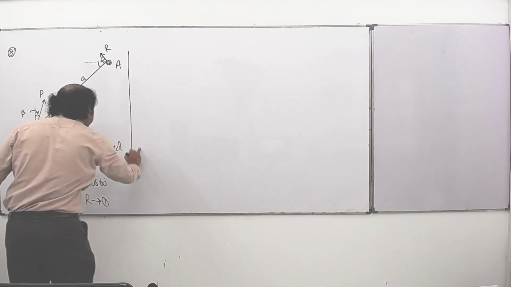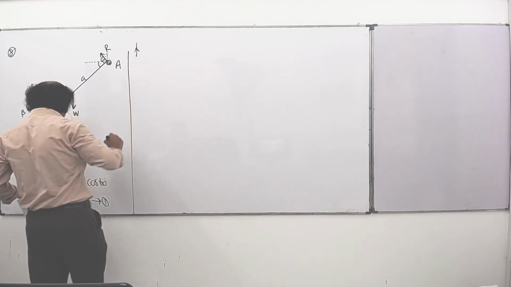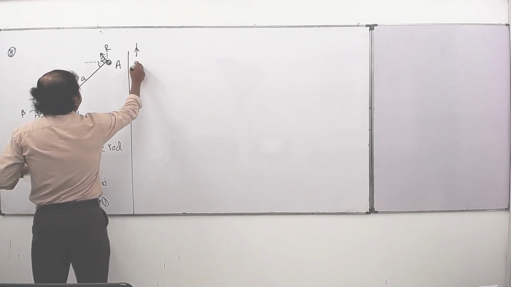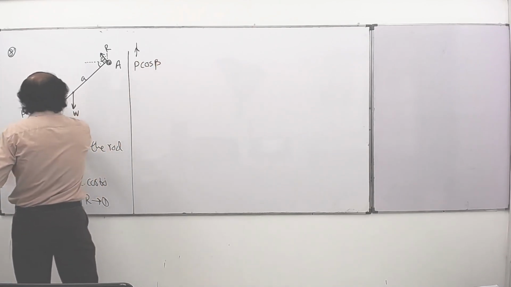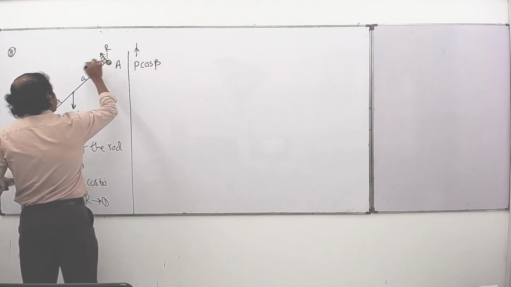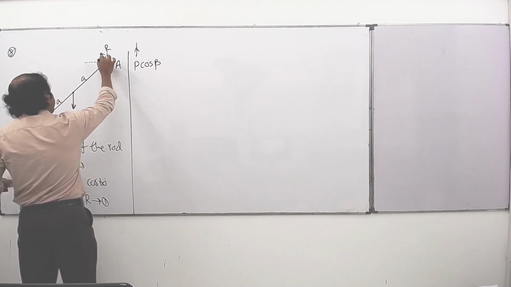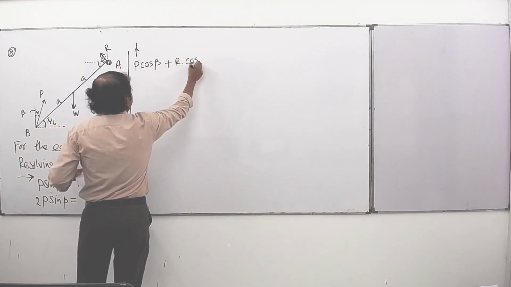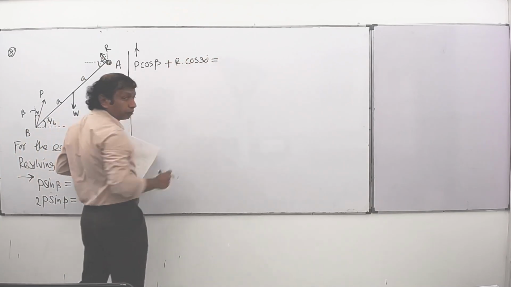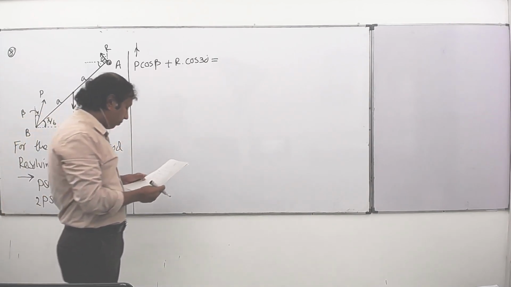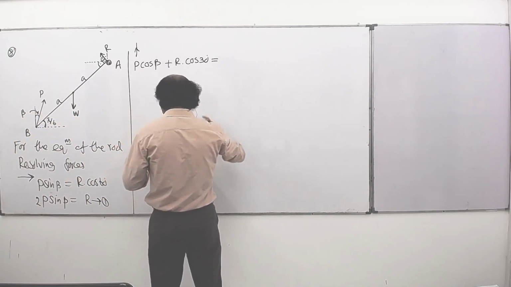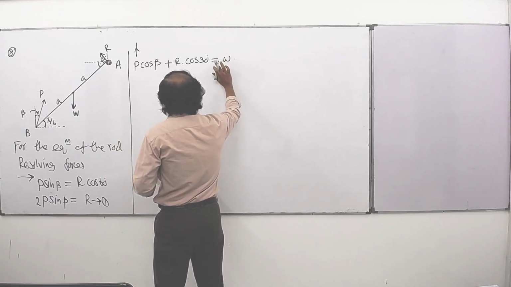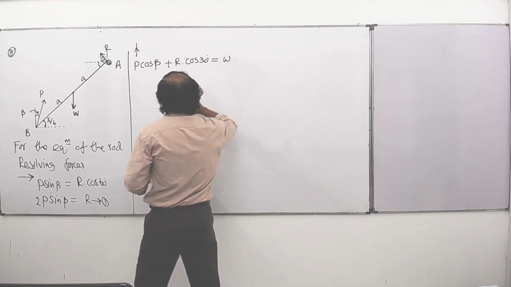Resolve vertically upwards. Then what we get? P cos beta plus R cos 30 is equal to W. We can substitute for the cos 30.